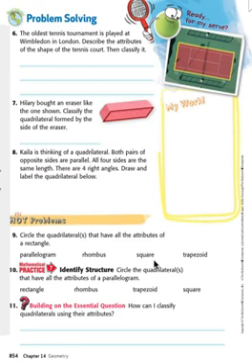Okay, now let's look at the next one, number 10. It says circle the quadrilaterals that have all the attributes of a parallelogram. So now again, we have to recall, what are the attributes of a parallelogram? A parallelogram has both pairs equal lengths and the opposite sides are parallel.